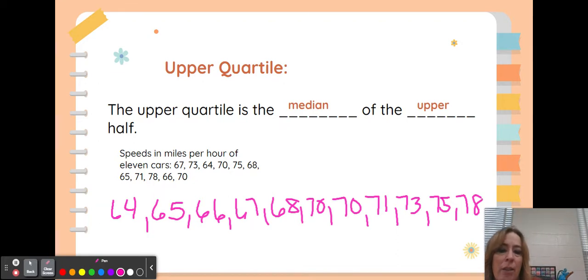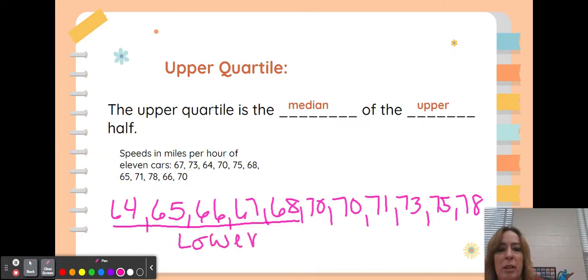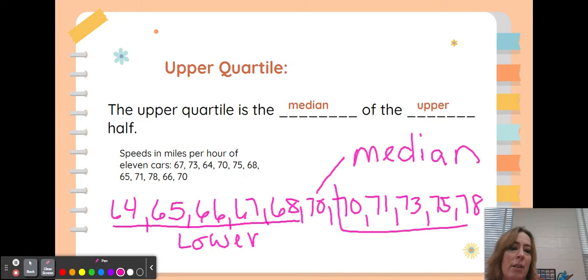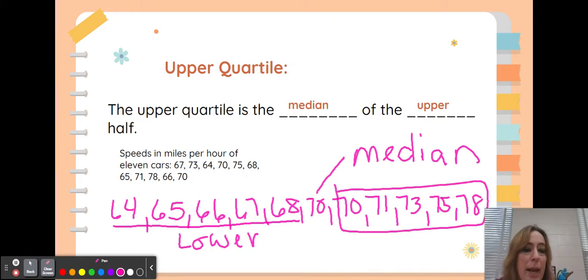Okay, so we said this part here was the lower, right? We said this 70 is the median of all the numbers. So that makes these data values the upper. So if we look in the middle of the upper, it is 73. So we would put 73.